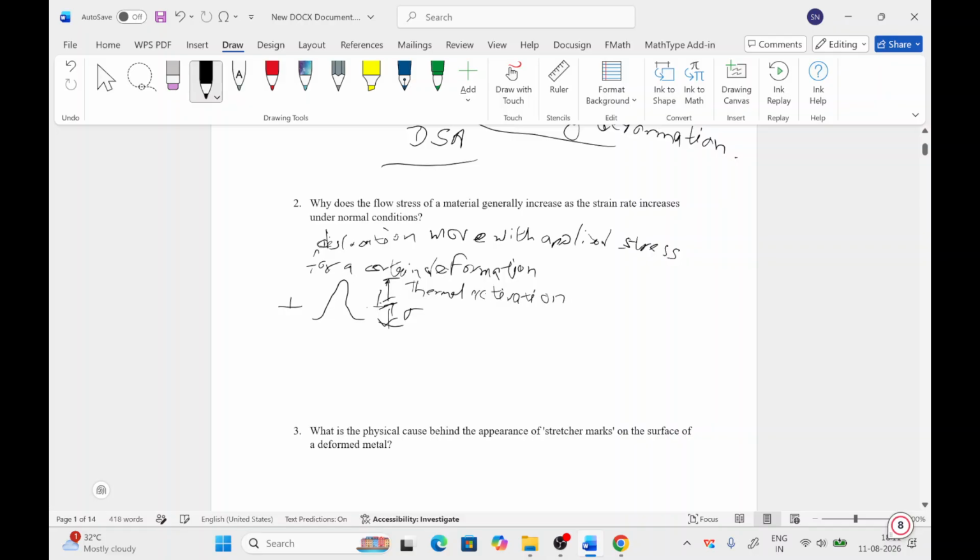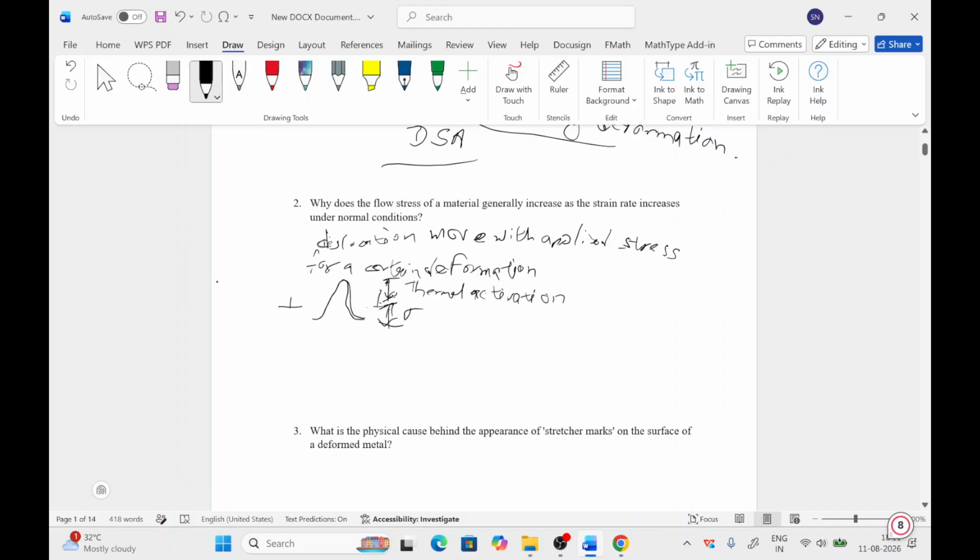The remaining part of this barrier is thermal activation. So under normal conditions, when we do not increase the temperature, thermal activation cannot be achieved for the deformation. Only applied stress is there. So we need to apply more load to overcome this barrier.